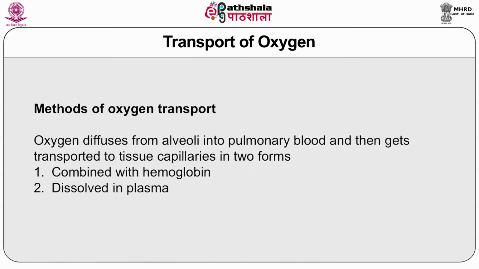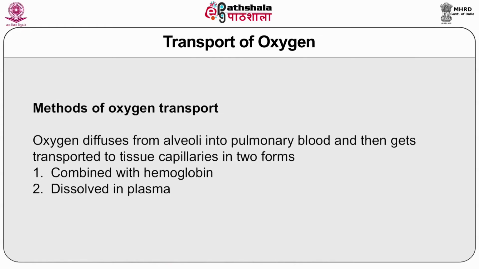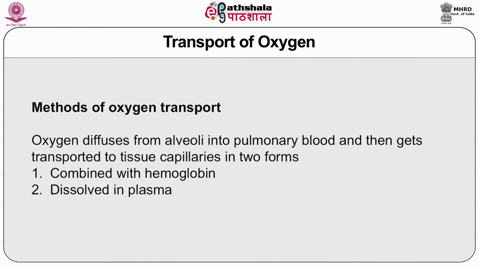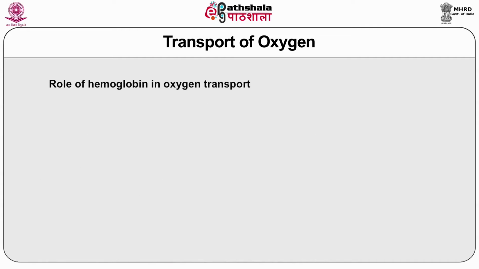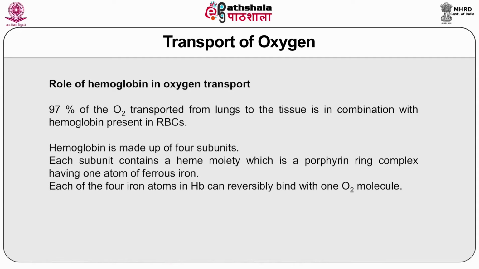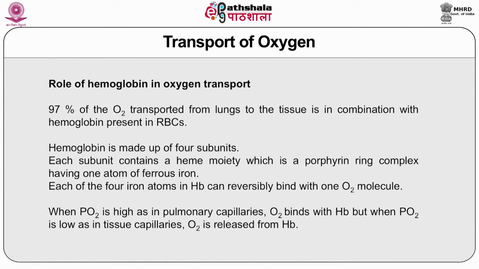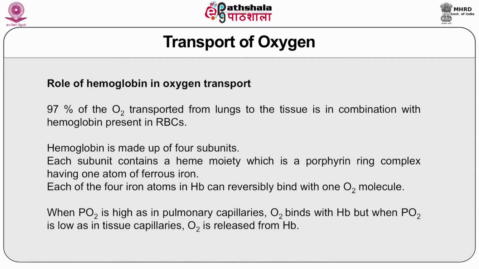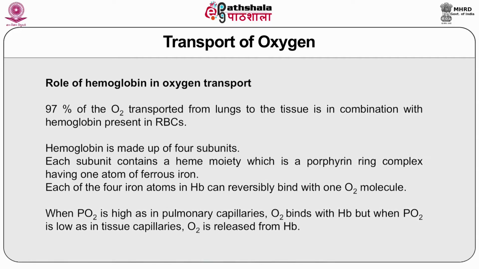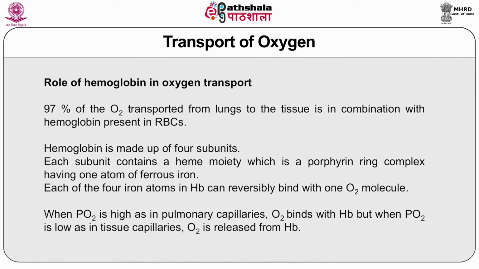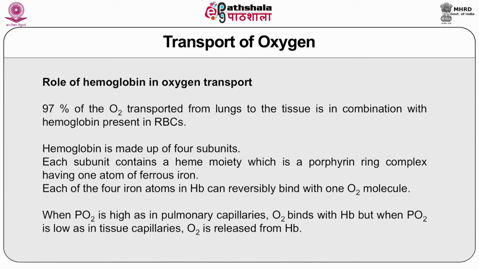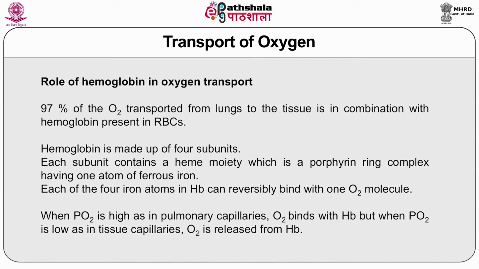It is transported in two forms. First is combined with hemoglobin and second is dissolved in plasma. So, what is the role of hemoglobin in oxygen transport? About 97% of the oxygen transported from lungs to the tissue is in the form of combination with hemoglobin, which is present in RBCs.